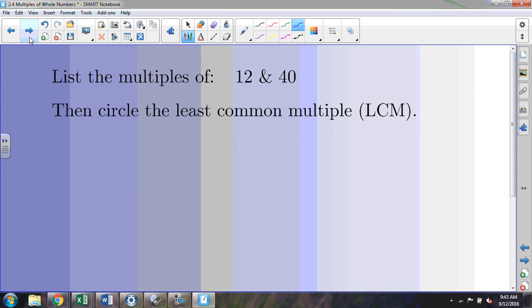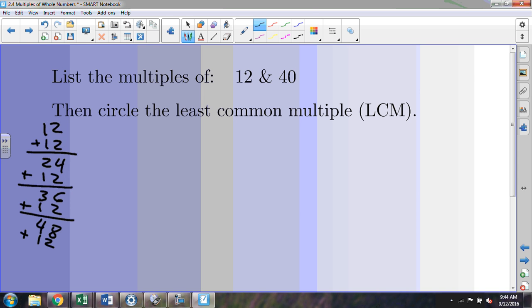What about here? 12 and 40. It's going to be a little bit tougher now that we have some bigger numbers. And so sometimes people like to just put them down and say 12 plus 12 gives me 24. Plus 12 is 36. Plus 12 is 48.